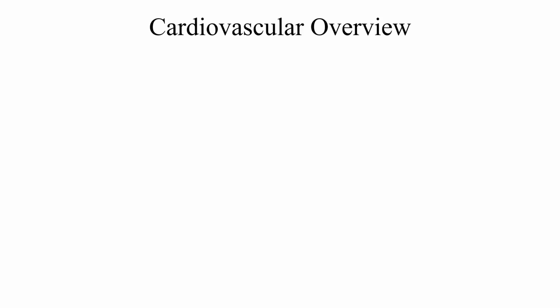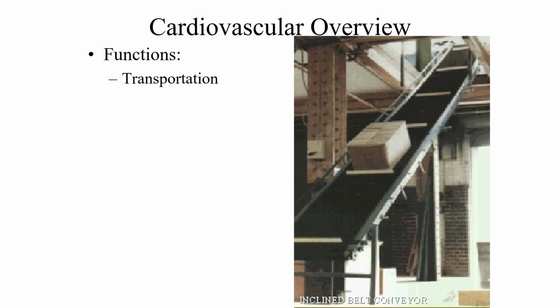All right, so when we think about the cardiovascular system and its role in maintaining homeostasis within the body, it carries out a couple of different functions. It plays an important role in the transportation of substances throughout the body.